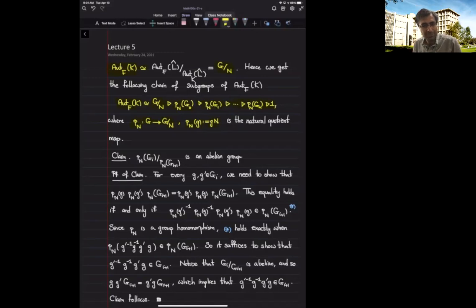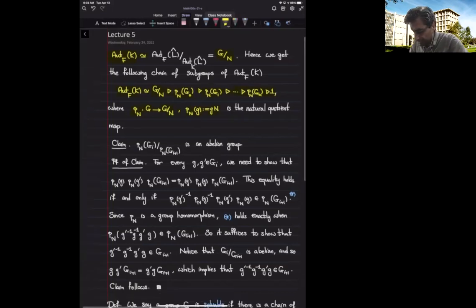Therefore, we want to deduce that the group of F automorphisms of a splitting field of a polynomial that is solvable by radicals is a solvable group. So that means I want to show that in this decreasing sequence of subgroups, each one divided by the next one is an abelian group.